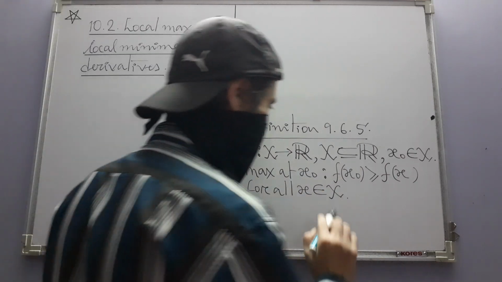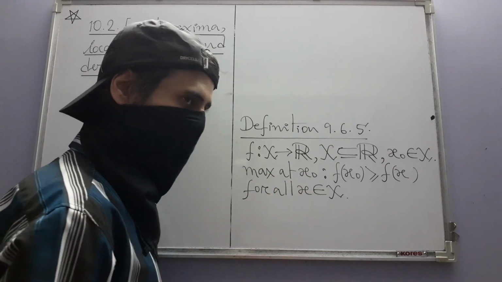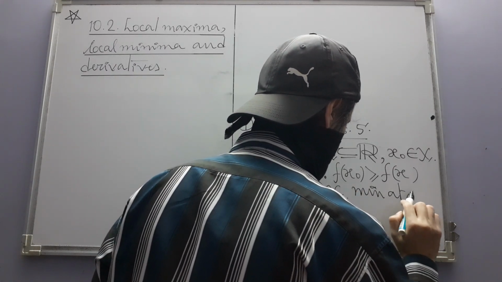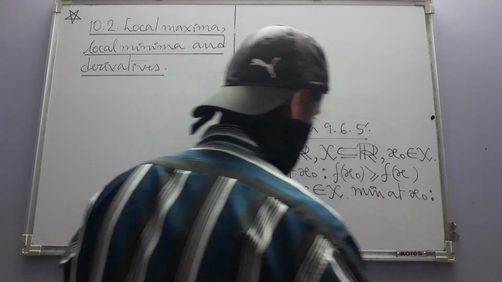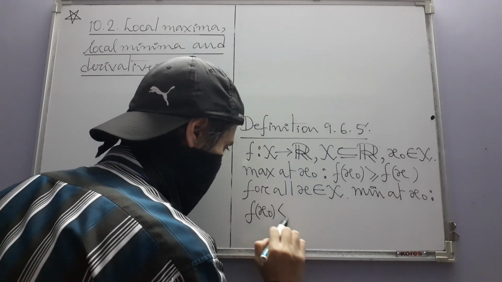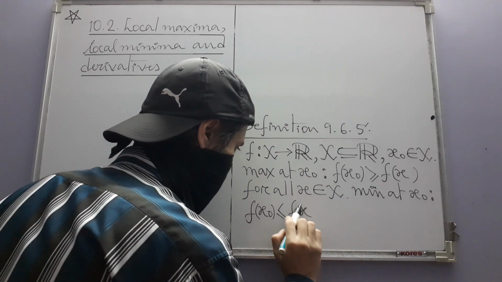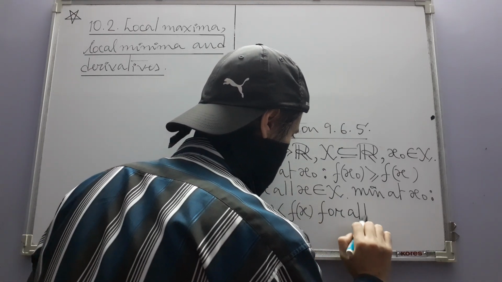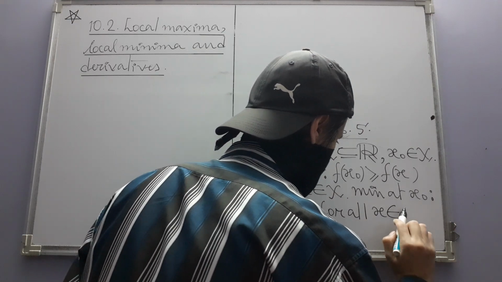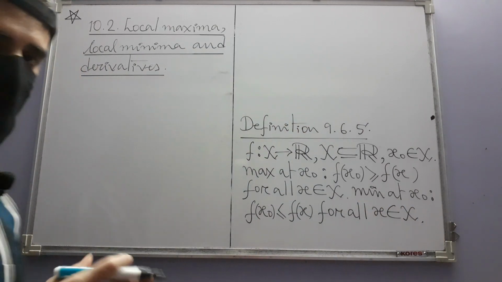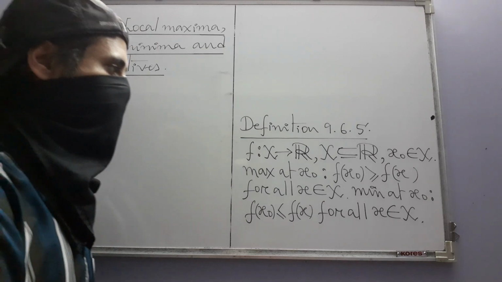Similarly, we say that f attains minimum at x naught if f of x naught is less than or equal to f of x for all x in X. The exact opposite inequality.